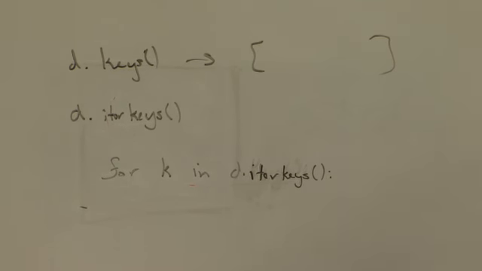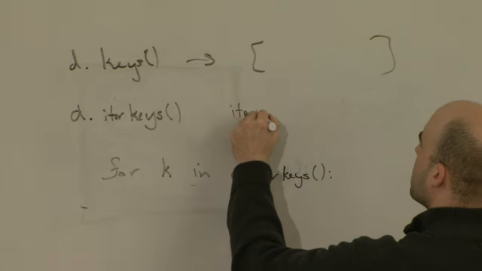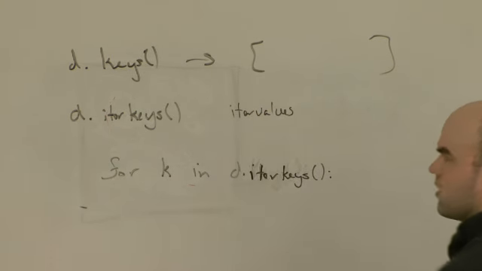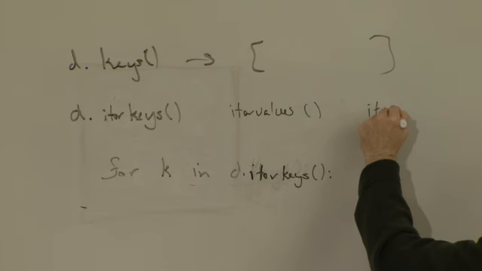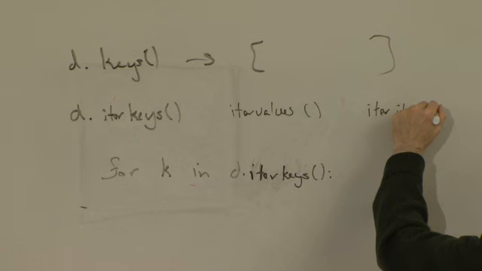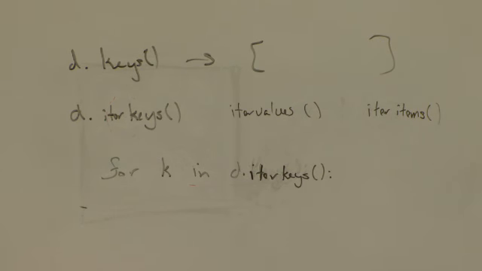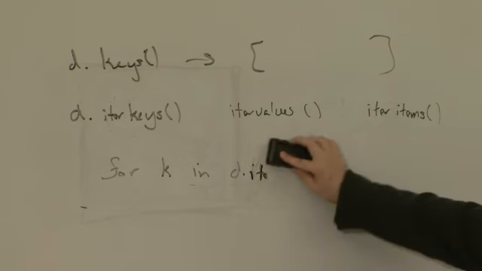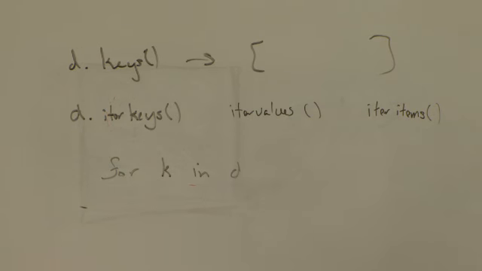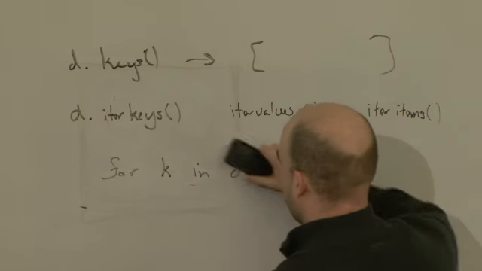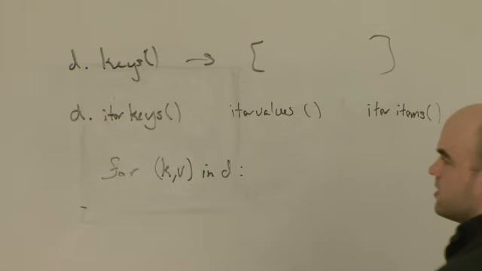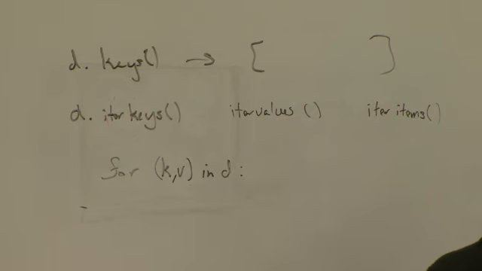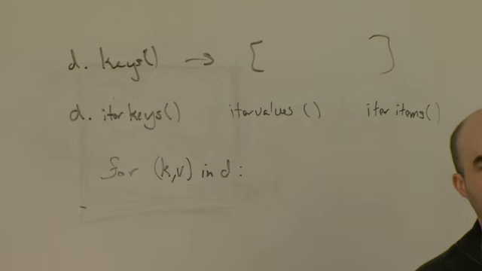And then there's also, I think, itervalues, which goes through each of the values. And then I think there's iteritems. And I think, if I'm not mistaken, if you do something like for k, v in d, this is going to iterate through a tuple that contains the key and the values associated with that key.